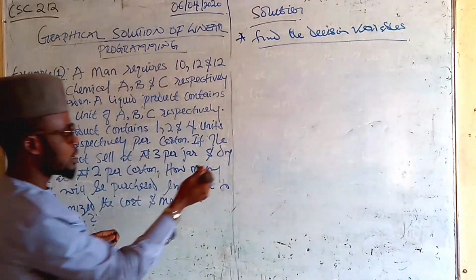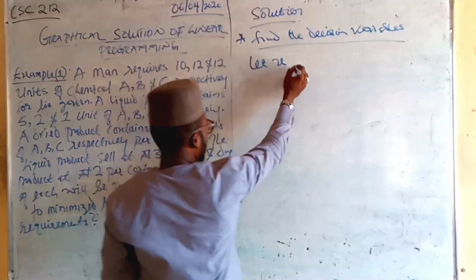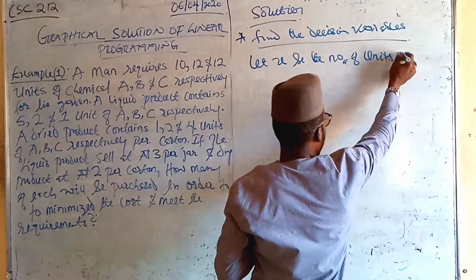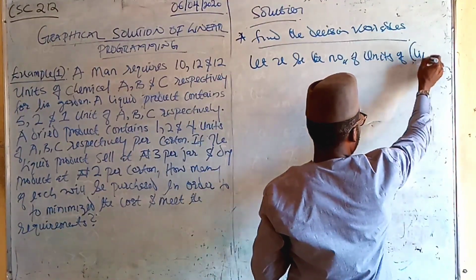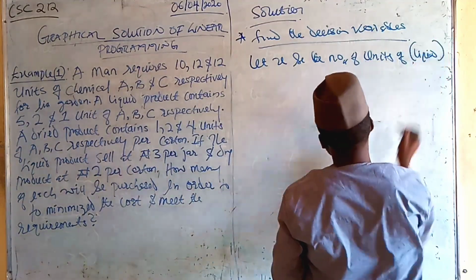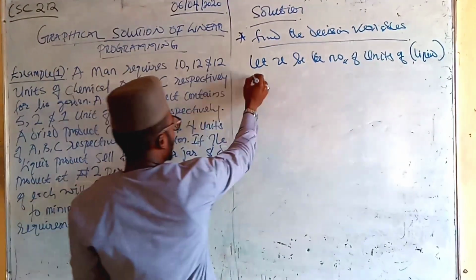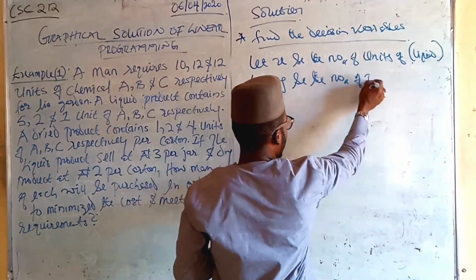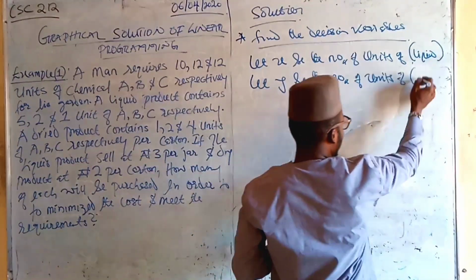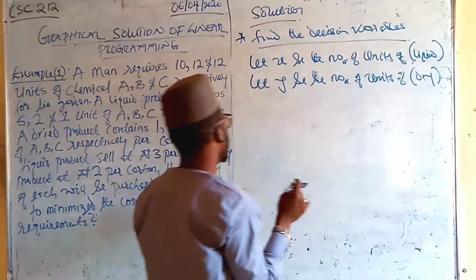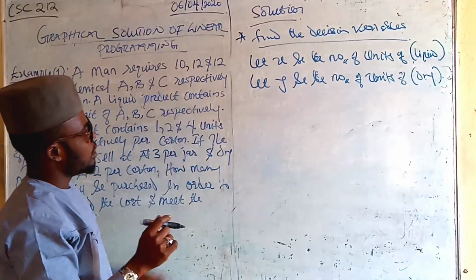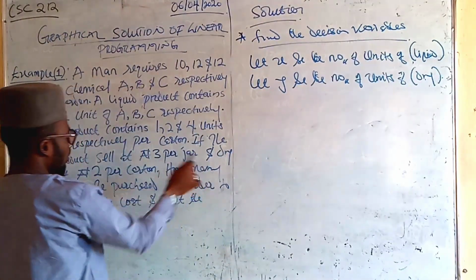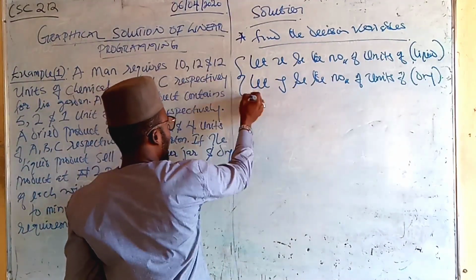So we let X be the number of units of the liquid product, and we let Y be the number of units of the dry product. So here are our decision variables.